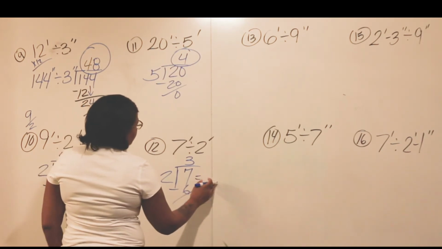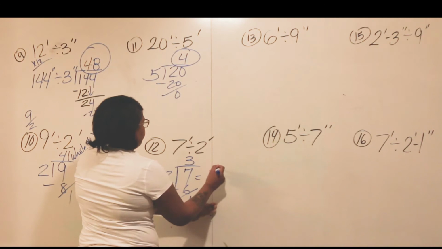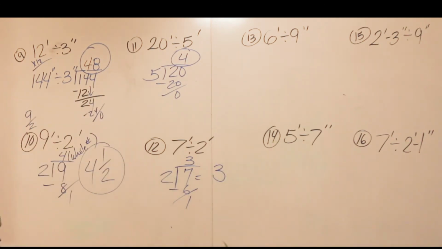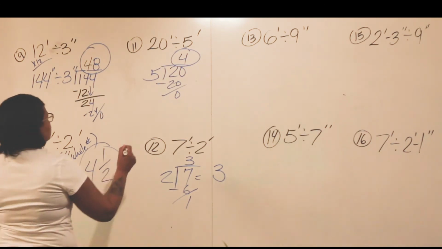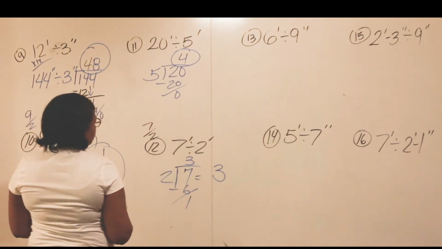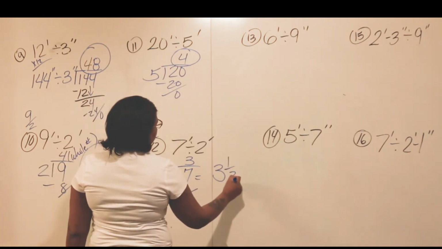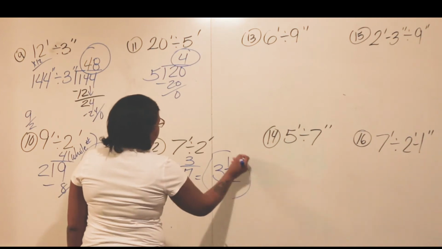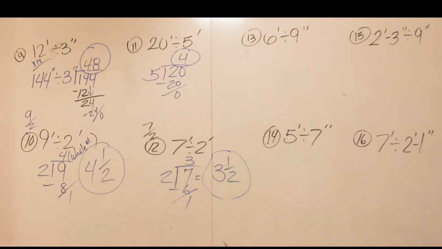So our final answer would be, I think it's 3 and 1/2. Yep, look at it like that. 3 and 1/2. Inch marks? No. Final answer, 3.5 is just a number.